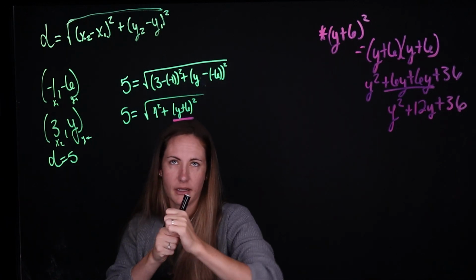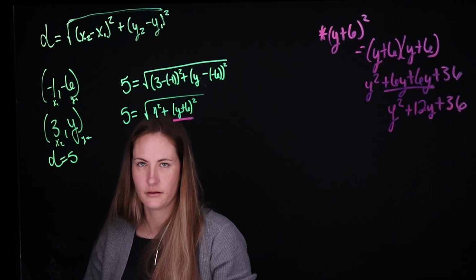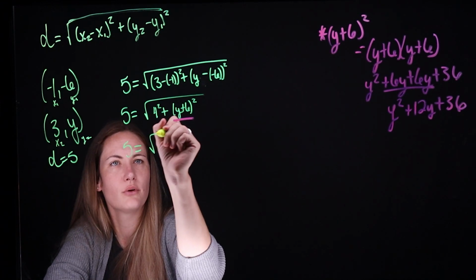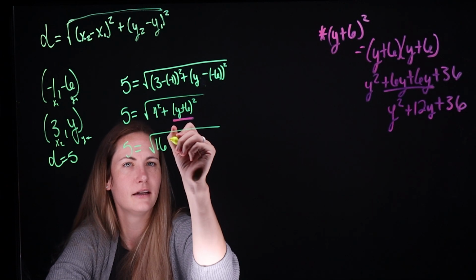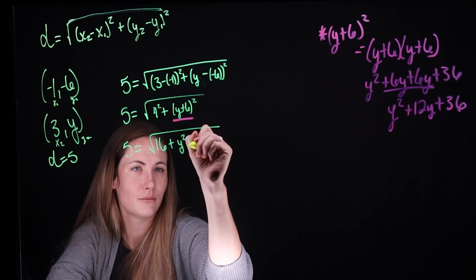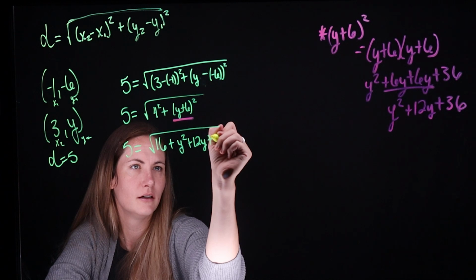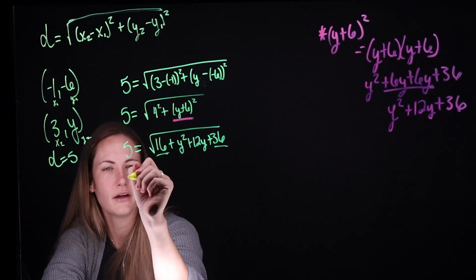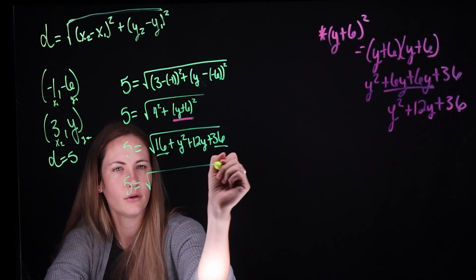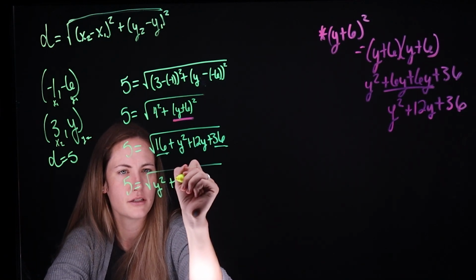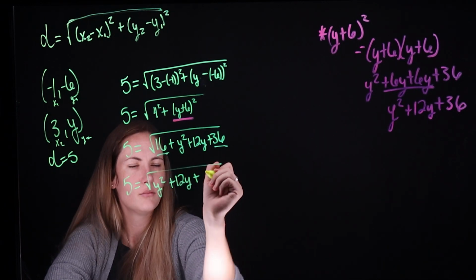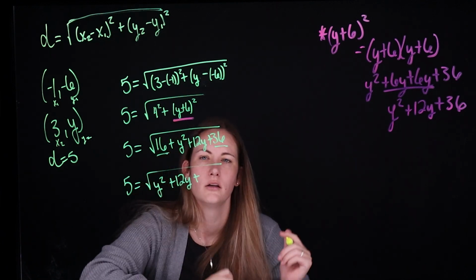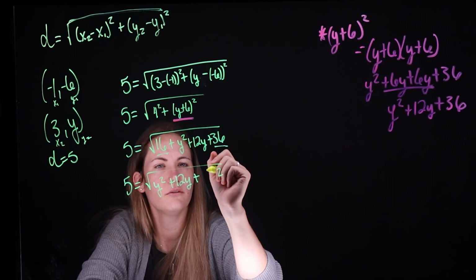That's what has to go in for (y plus 6) squared. So I'm going to have 5 equals the square root of 16 plus y squared plus 12y plus 36. And then I'll combine these two. So I have 5 equals the square root of y squared plus 12y plus 36 plus 16, which is 52.